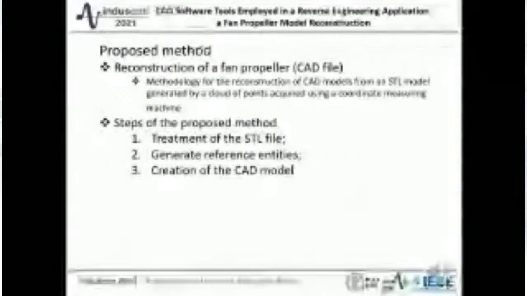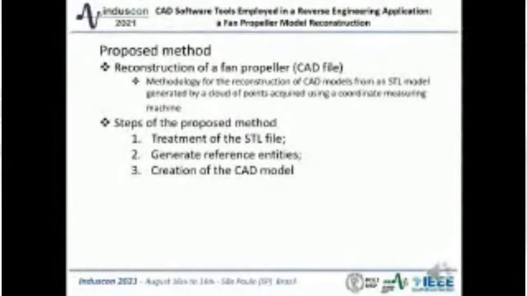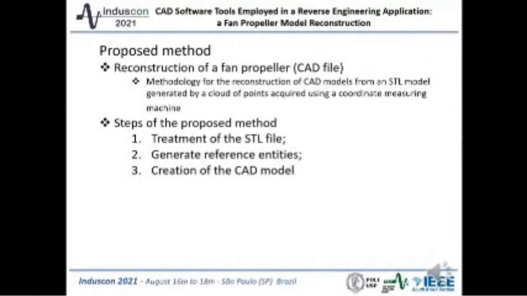The CAD model reconstruction is divided into three main steps. They are treatment of the STL file. The second one is the creation of reference entities, and the last one is the creation of the CAD model.